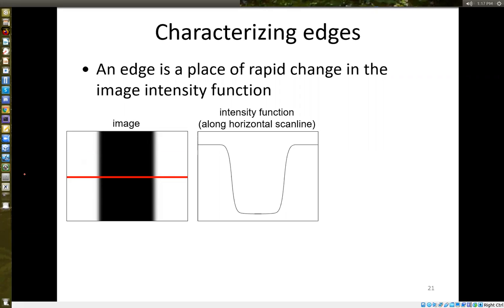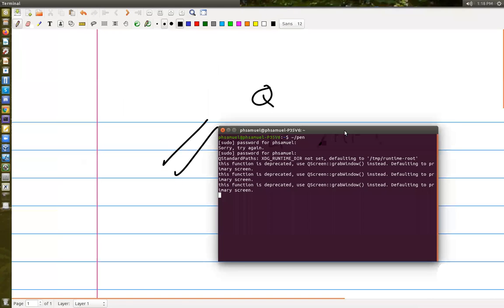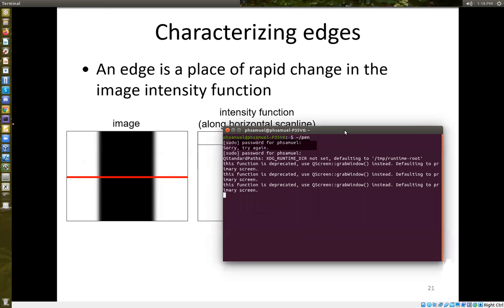I don't know where it is. Why did I log out of Jupyter? That's so weird. Let me start Jupyter also. Sorry for the technical difficulty for the moment.